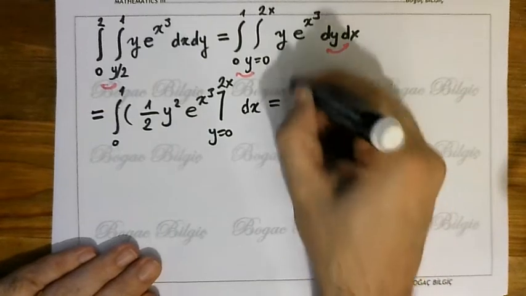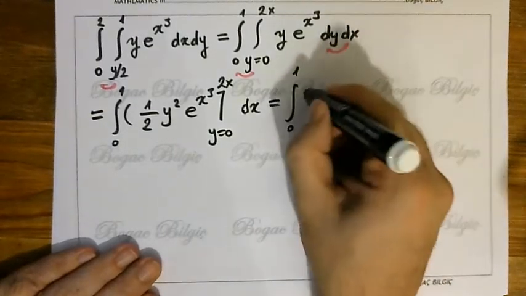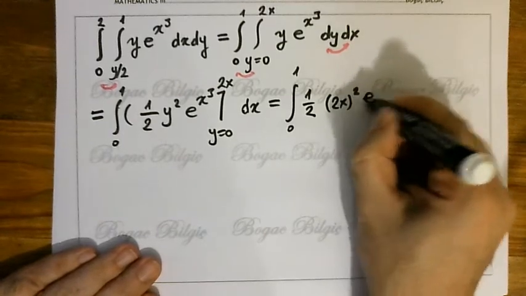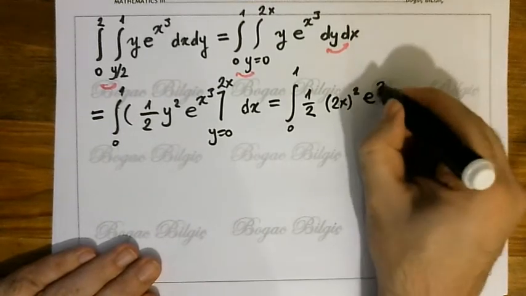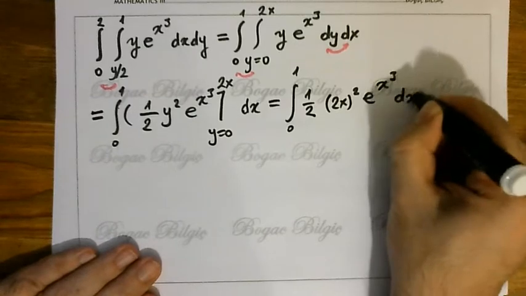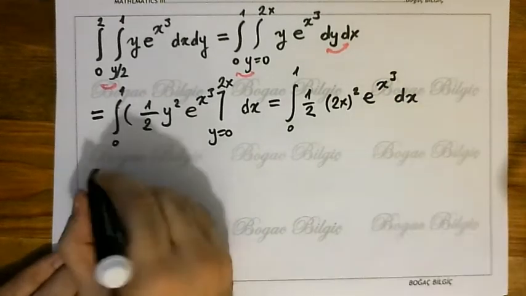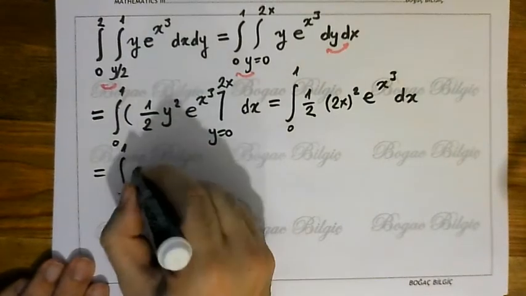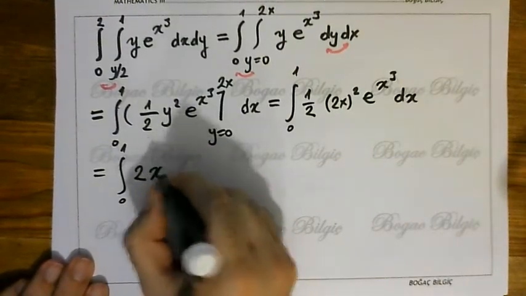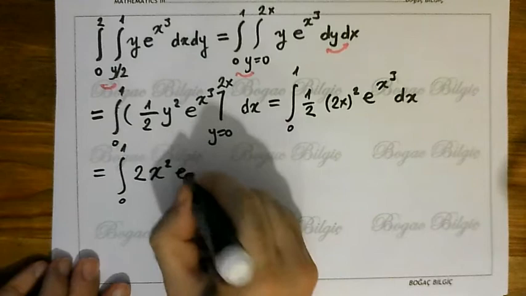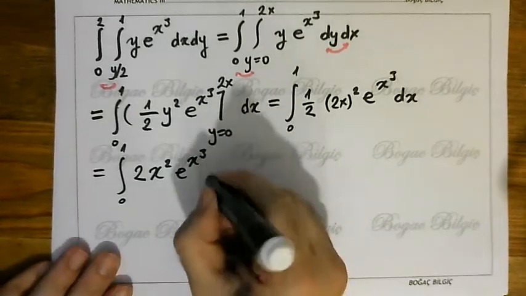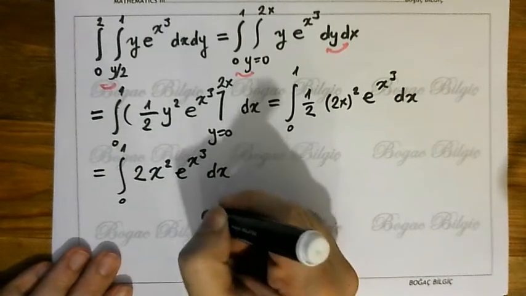This is the integral from 0 to 1 of 2x squared e^(x^3) dx.